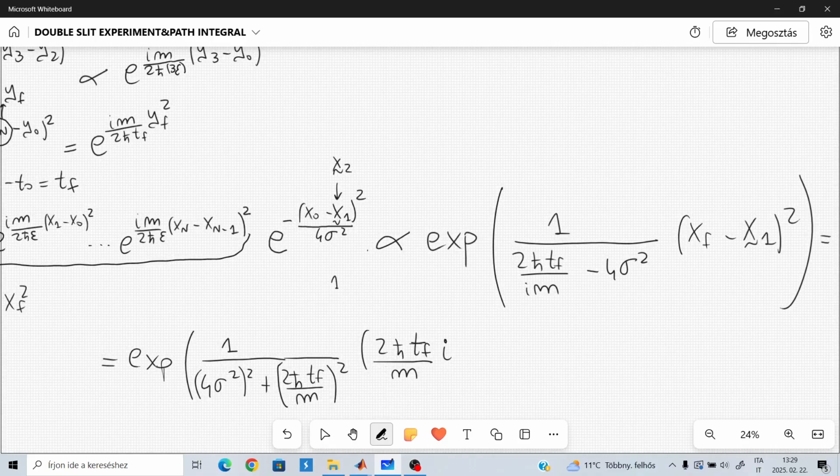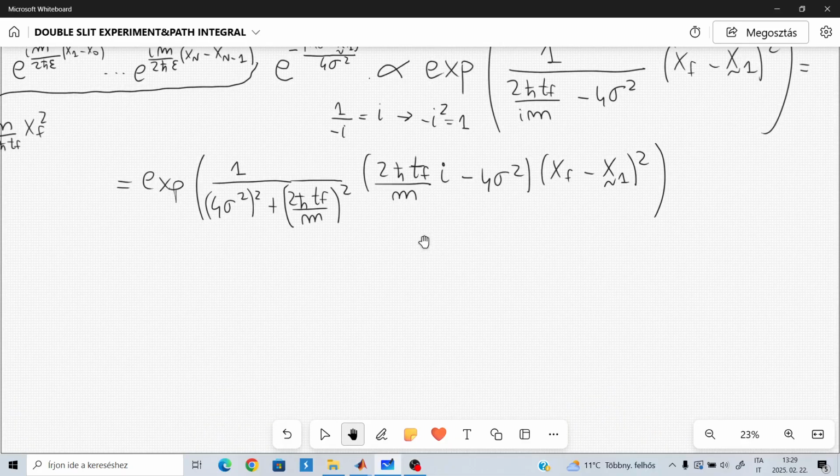Because 1 over minus I is equal to I, because you get minus I squared equal to 1, which is true. And then you have minus 4 sigma squared times xf minus x1 squared, like this.